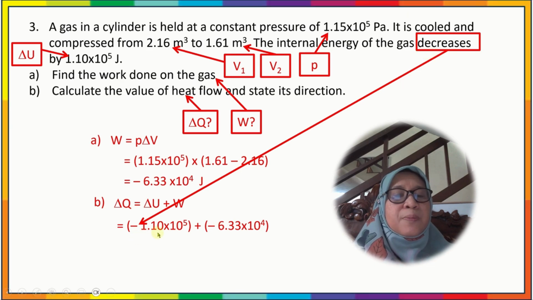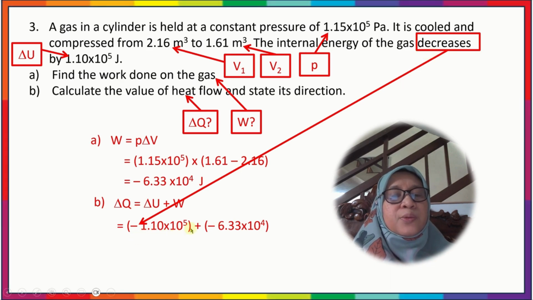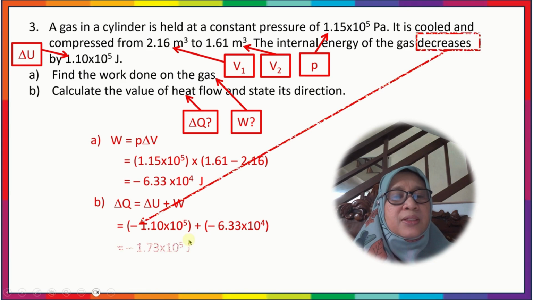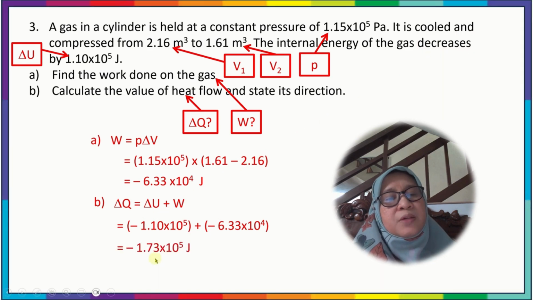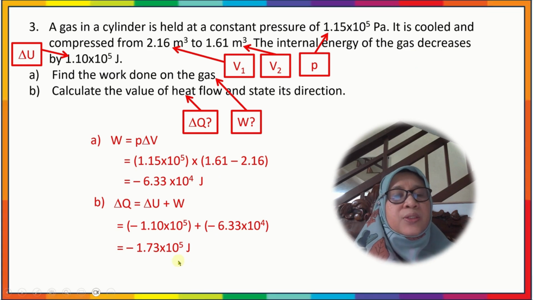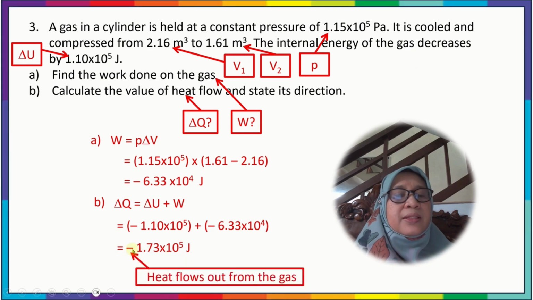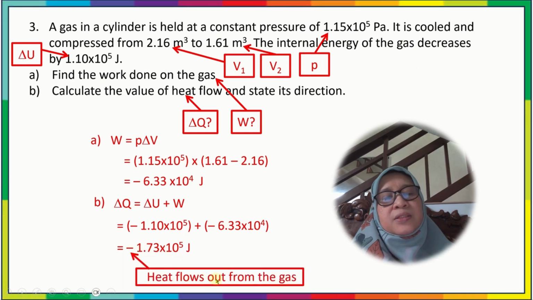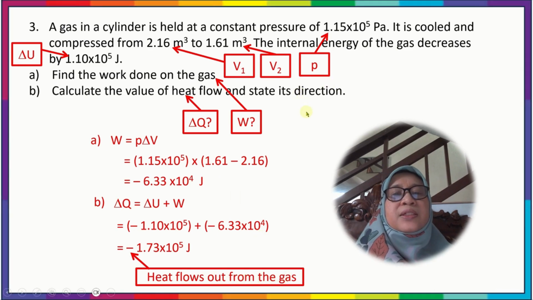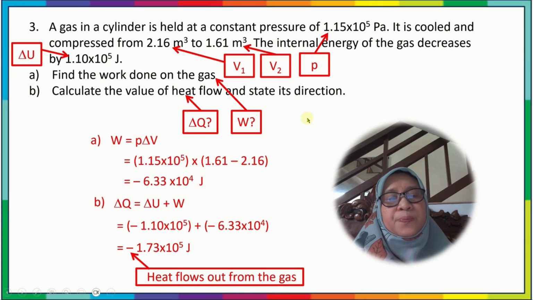So negative 1.10 times 10 to the power of 5, plus the work done on the gas, which is negative. Adding these two, we get negative 1.73 times 10 to the power of 5 joule. So what does this negative mean? Negative means the heat flows out from the gas. Okay, so this is the direction of the heat flow.